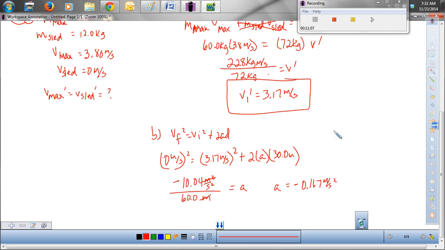Now if he's brought to a stop, net F equals MA. The friction is stopping him, so friction is equal to the 72 kilograms times the acceleration. The acceleration was negative 0.167. So if I multiply that, I get friction to be about 12.05 newtons.